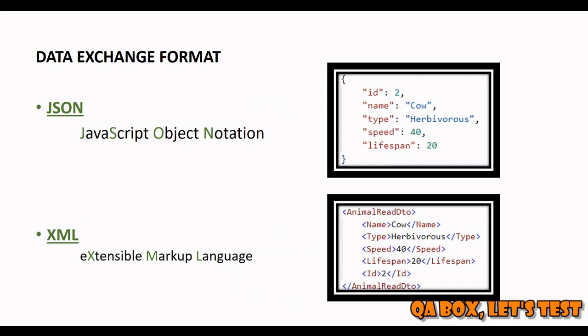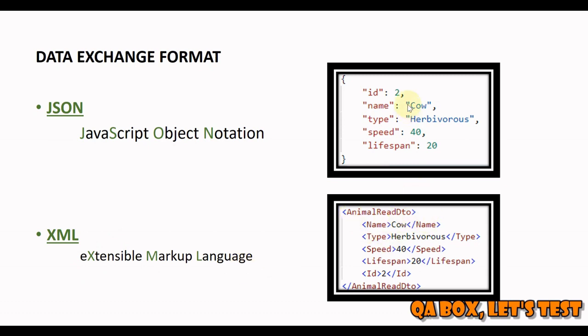JSON stands for JavaScript Object Notation, and if you look at the right hand side, this is very much like your JavaScript object. You have the keys and you have the values. Okay, so this is your JSON object notation, and XML stands for Extensible Markup Language.